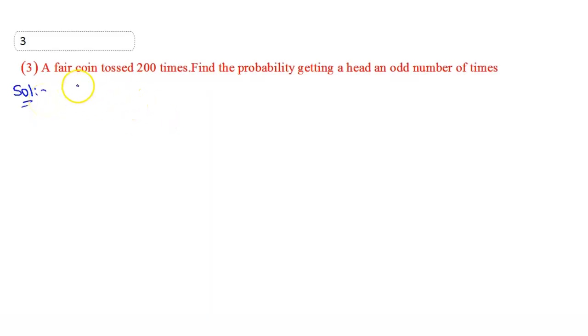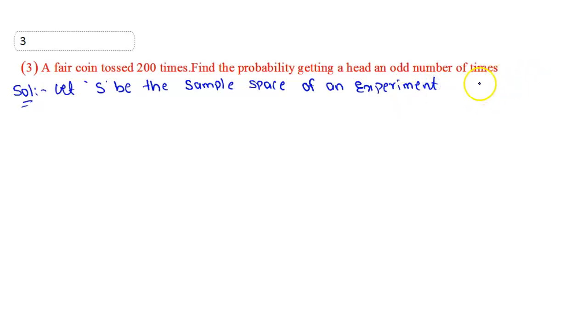So here I am taking, let S be the sample space of an experiment tossing a fair coin 200 times.